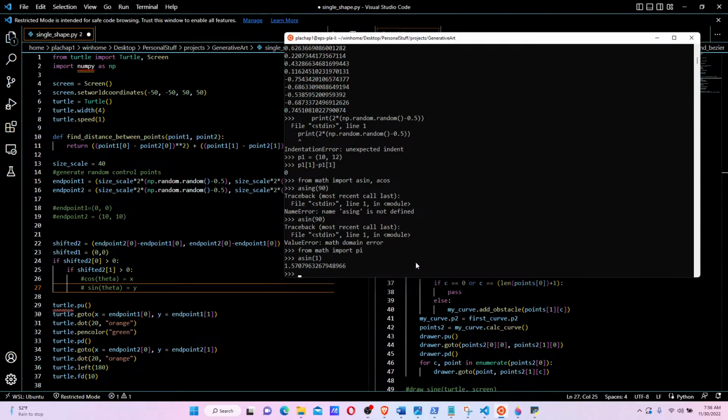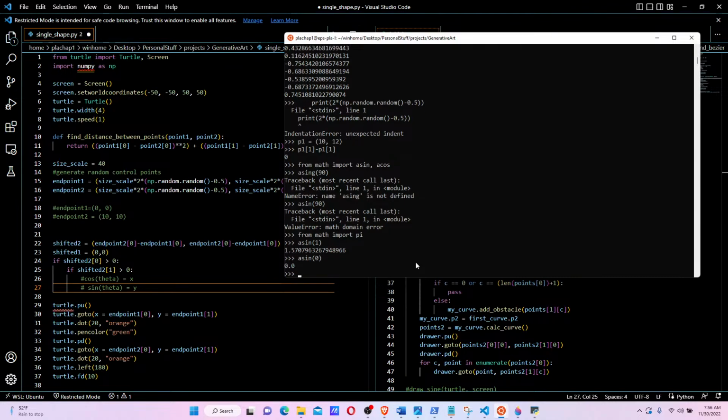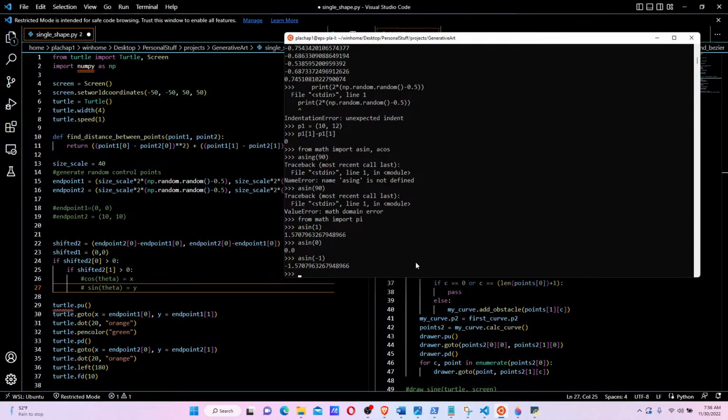So it is in radians. Sine 0. Sine of minus 1. Okay.